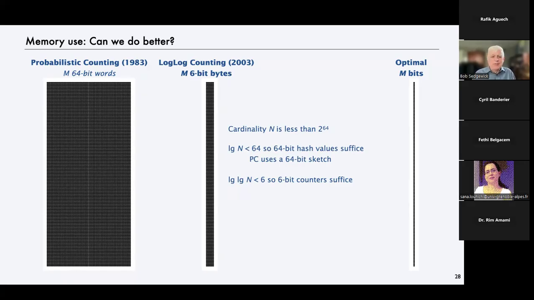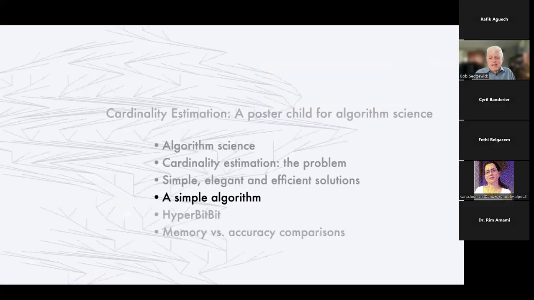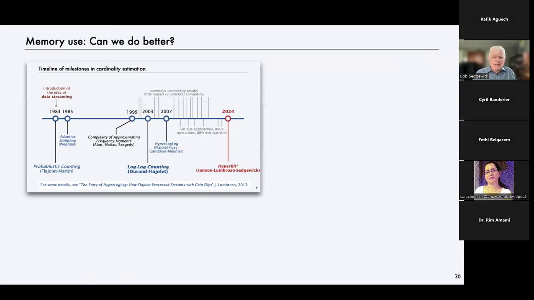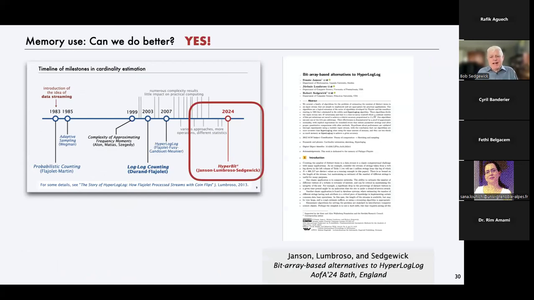But that's what we're left with at this point. So that's what I'm going to talk about next, the more recent algorithms. Can we do better? The answer is yes, we can do better. Now I'll talk about our paper from last year at analysis of algorithms in Bath.